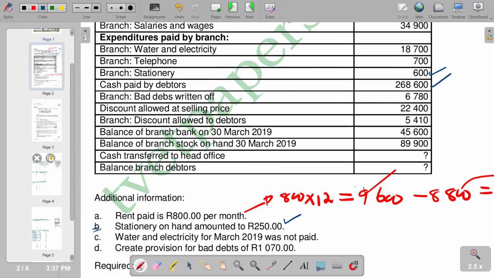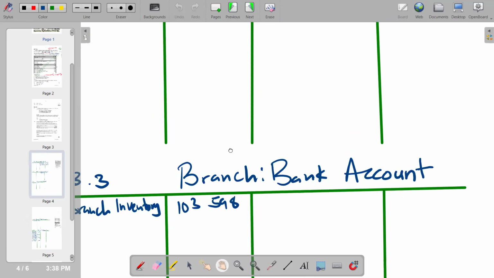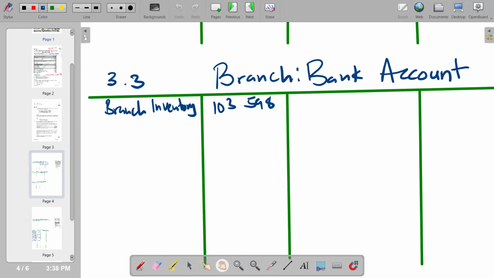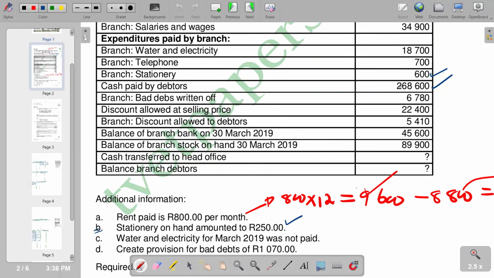So we check branch bank. Branch bank, we're having it here. This is an amount that has been received. So we're going to give it a description as branch trade receivables. So remember, the amount is 268,600.